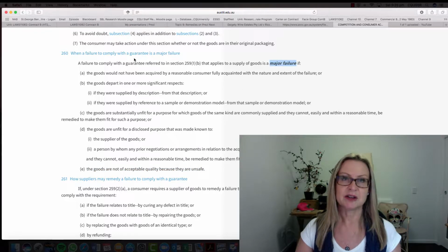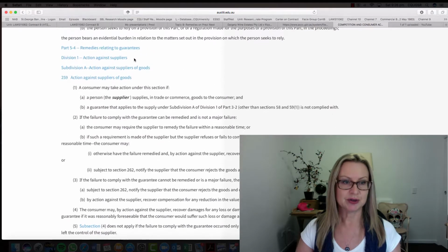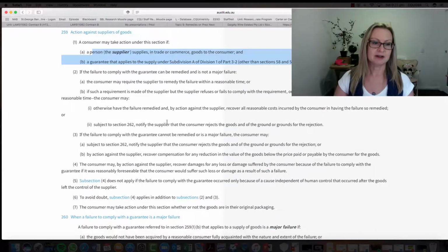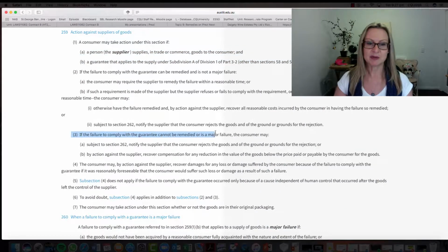Yes? So then we skip back to section 259. Now, section 259 sub 3 is the major one that you want to go for. If the failure to comply is a major failure that we've just seen in section 260, then you can, here's the big one, notify the supplier that the consumer rejects the goods, and obviously you have to give them grounds for your rejection.